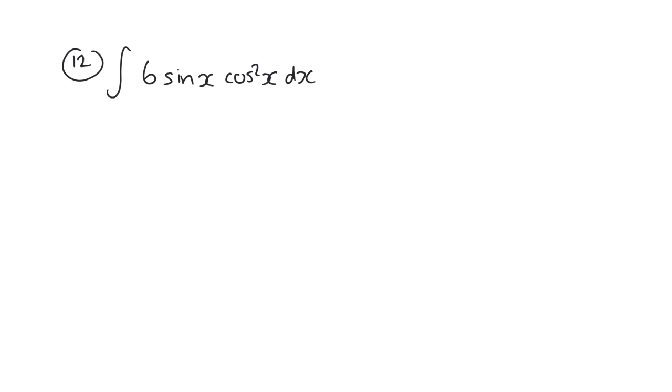Okay, number 12, we're integrating 6 sine x cos squared x. So again, sometimes people find it useful to write the cos squared x as cos x all squared, so then they can see the bracket with the power on it, so it gives them a better idea of the guess.